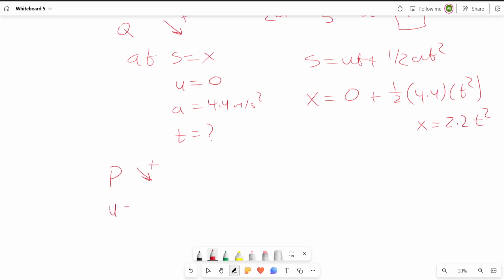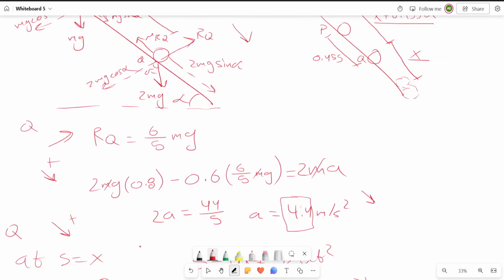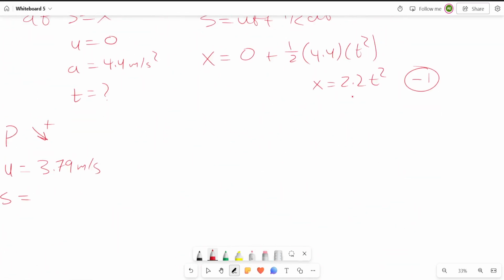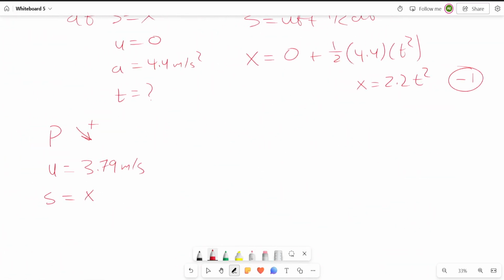So I know that my u is now 3.79 meters per second, because this is the speed it's going to start to move with. I know that my x, or my displacement, or how far I want P to be, is basically x plus 0.455. So I'm going to say that s is x plus 0.455.